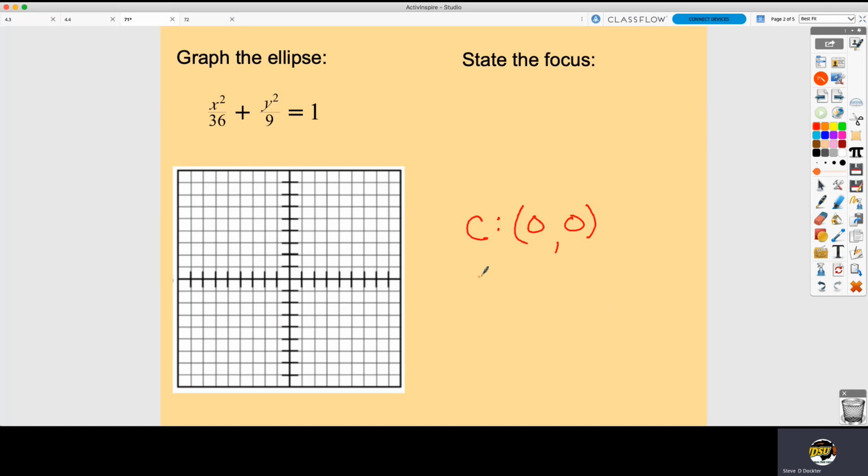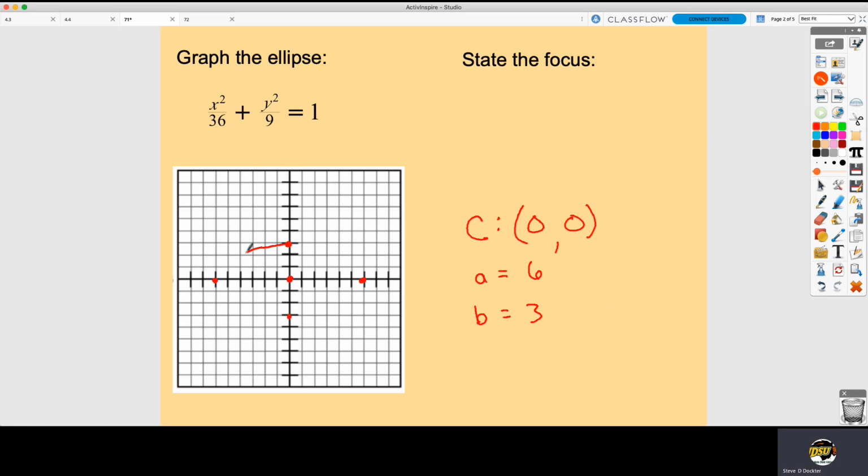Our a value is going to be the square root of 36, which is 6. Our b value is 3. So what we do then is we put our center in there, and then we count to the right 6, to the left 6, up 3, and down 3.